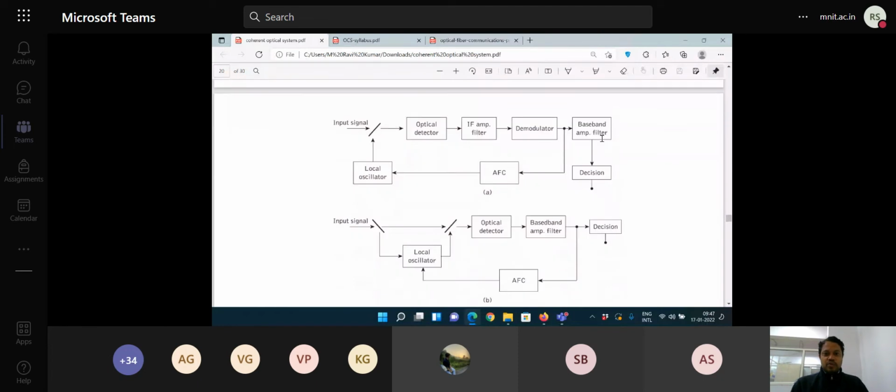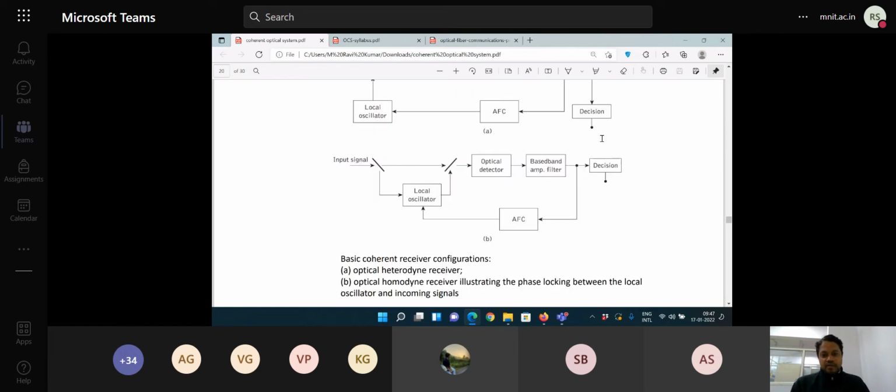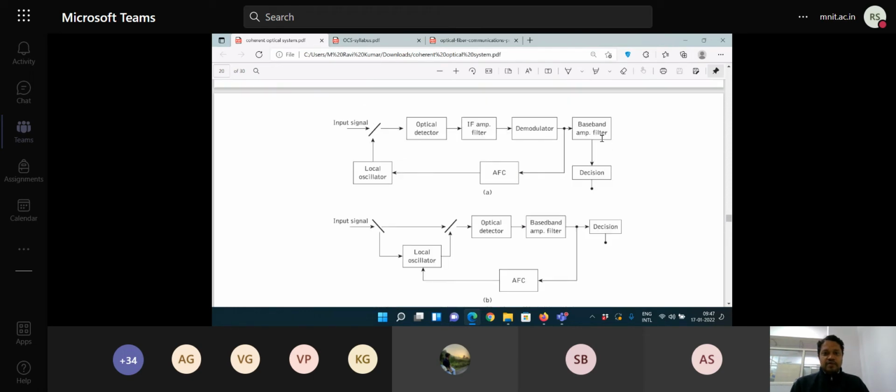So this is about the detection. Part A, the top part, is the heterodyne receiver, wherein the wavelength of the local oscillator is different from what is coming in from the transmitted source, and the intermediate frequency is now in the radio frequency range.